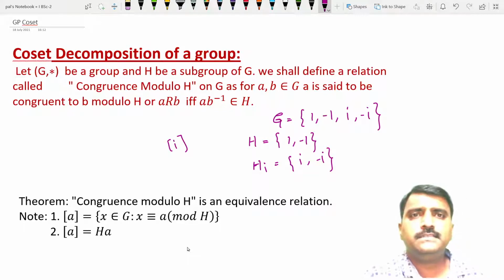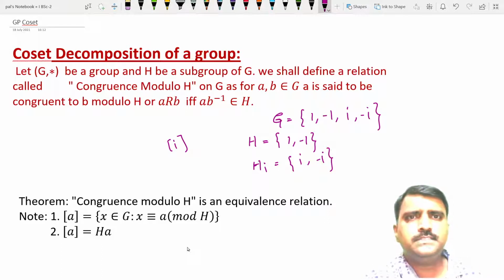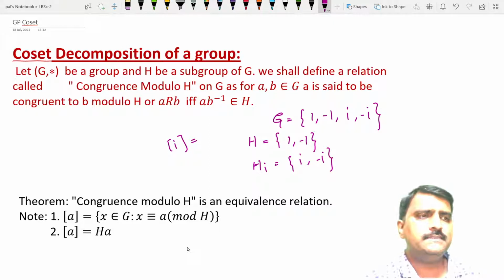What is the equivalence class of i? The elements of G which are congruent to i under modulo H. The equivalence class of i can be written like this.